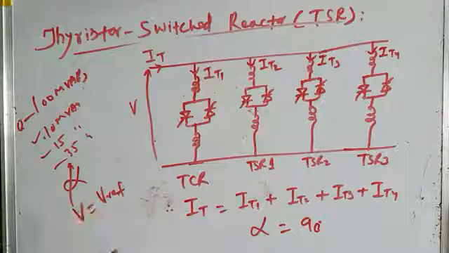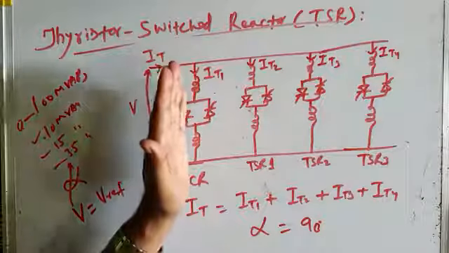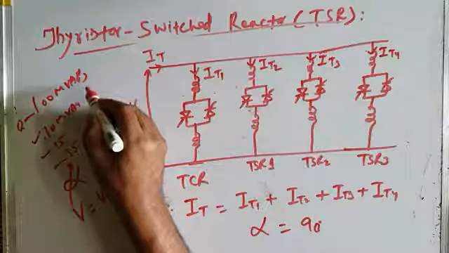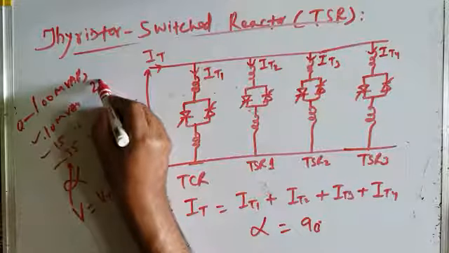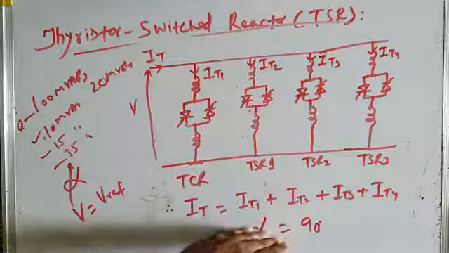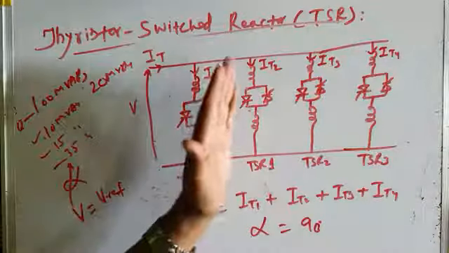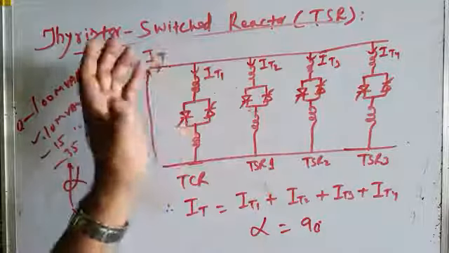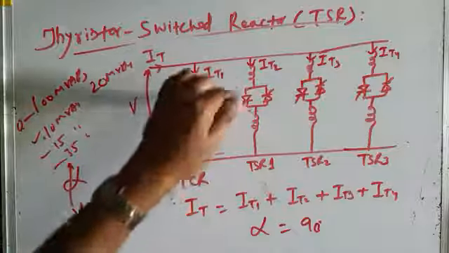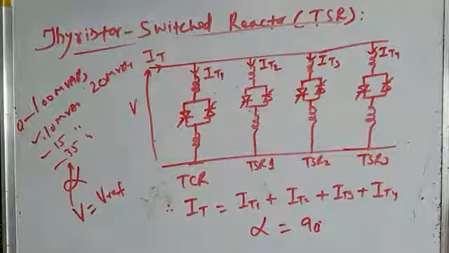But what I am doing, instead of using one TCR, I am using a TCR which can absorb, say for example, about 20 or 30 megawatts continuously, and the remaining 70 or 60 or 50 megawatts to be absorbed by TSRs.